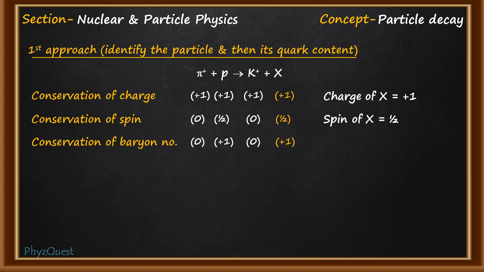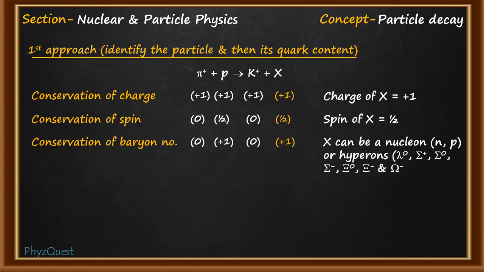That means X is a baryon. A baryon can either be a nucleon, that is neutron or proton, or a hyperon, which can be lambda, sigma, cascade or omega. So we have a set of particles from which we can choose.